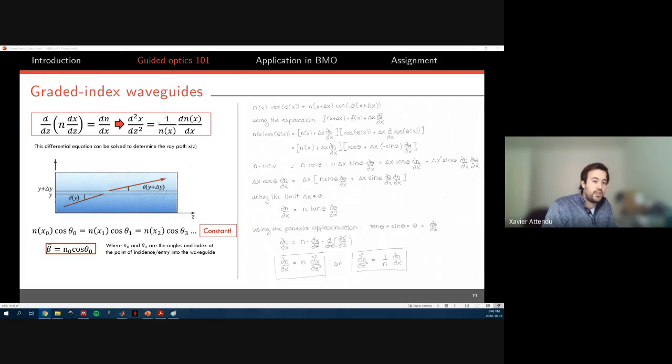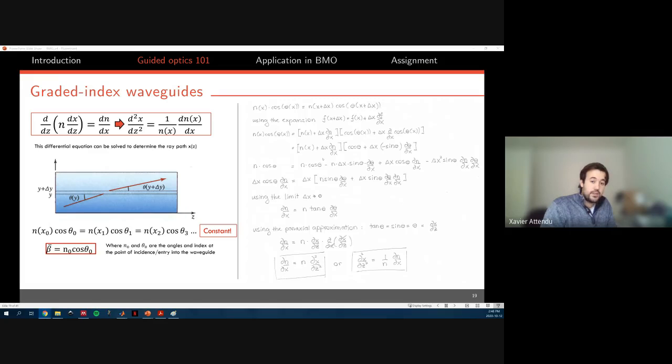So the differential equation which describes the ray path, derived from Fermat's principle by a much more complicated method, you can get back to using only this chain of equations.